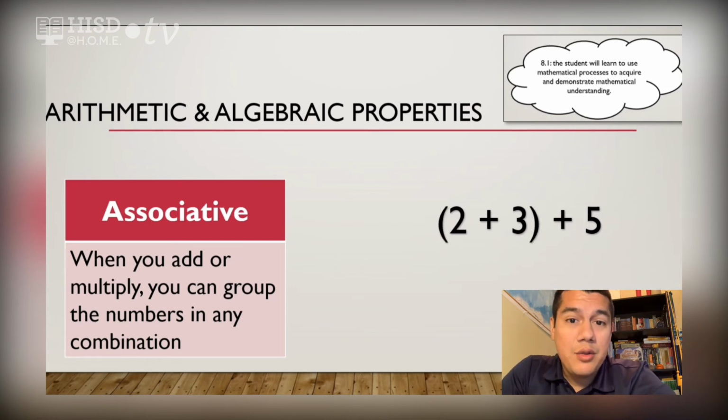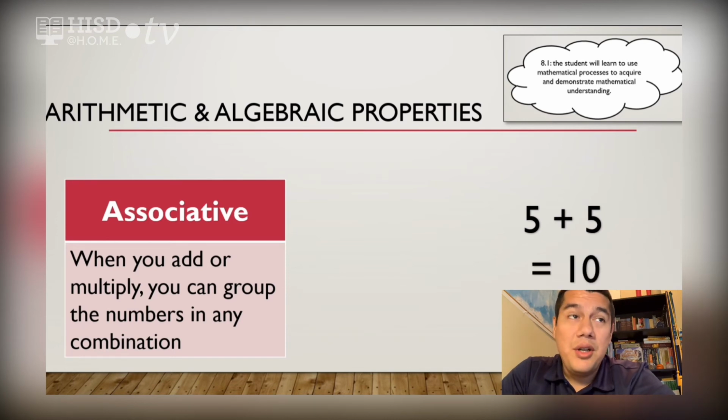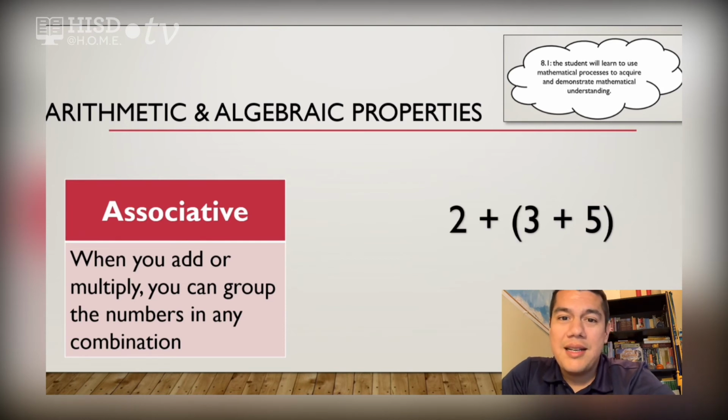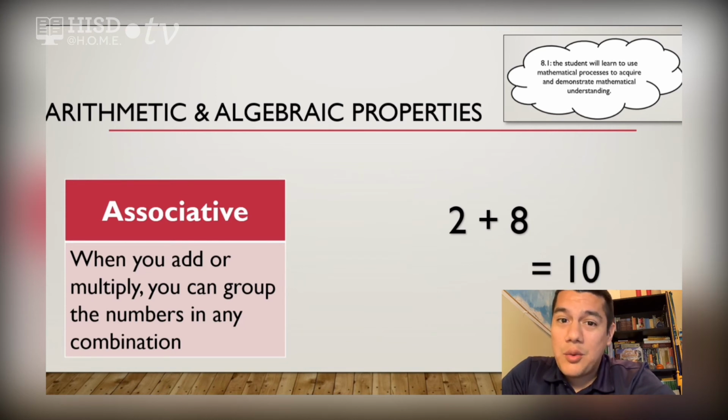And if I add it to the other 5, then my result will be 10. Now let's say that I start my problem, but I'm combining the 3 and the 5 first. That's gonna be equal to 8, and then if I add it to 2, it's gonna be 10 as well. So this means that the associative property does work.